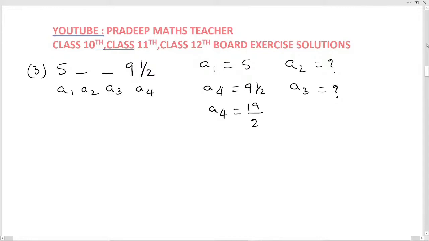Okay, now as we have solved the first two questions, likewise you need to solve the problem, children. By using these two conditions, you need to find the second term as well as the third term. Whatever they have given, I'll take that and apply the a value to it. The fourth term they have given is 19 by 2.